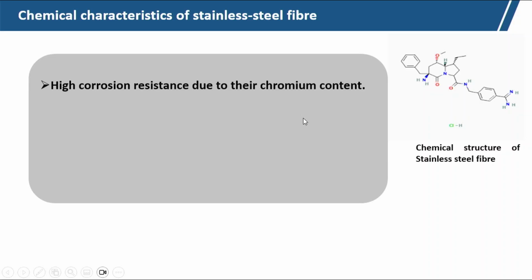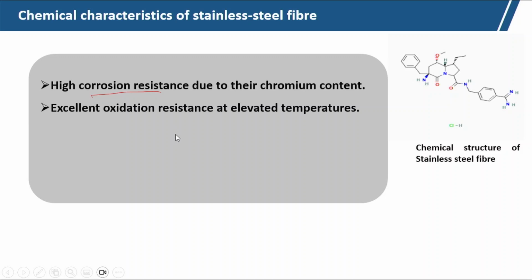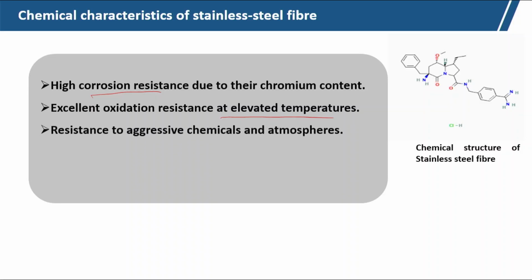It is due to the chromium content that these are corrosion resistant, with excellent oxidation resistance at elevated temperature. So, these are resistant to oxidation and to aggressive chemicals and atmosphere.